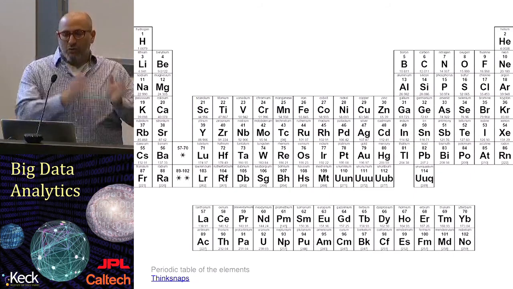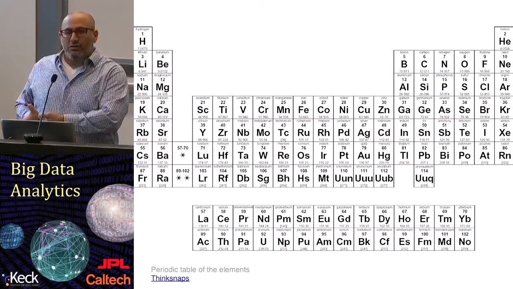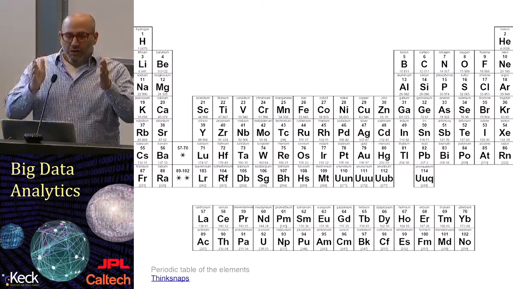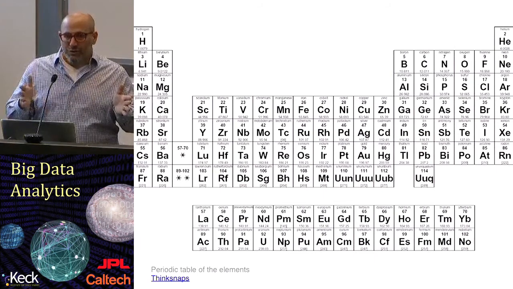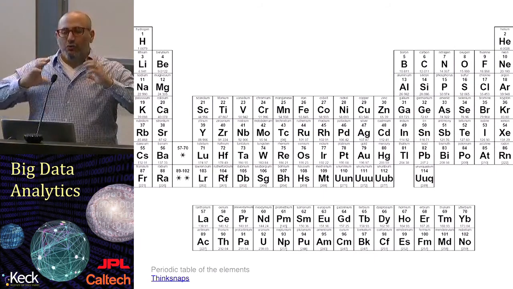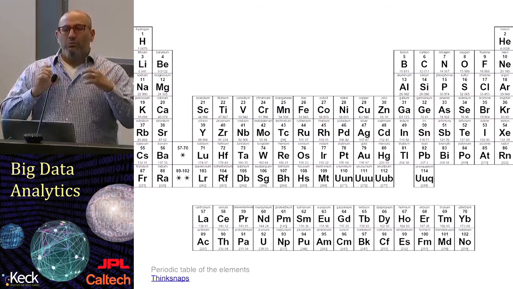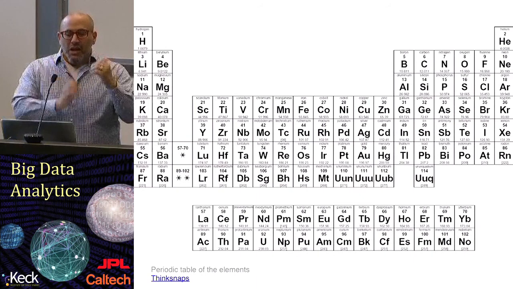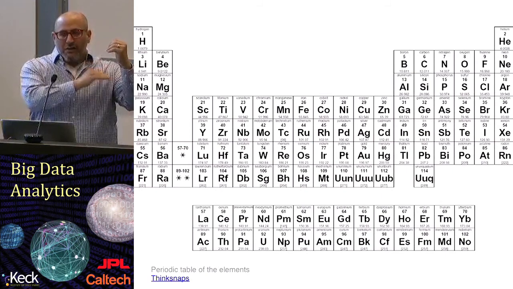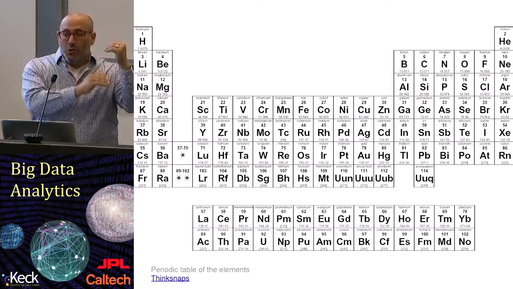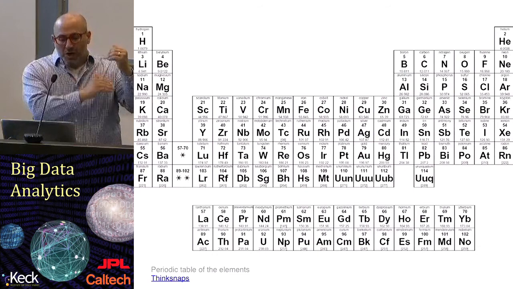And what you have on the right are all of the non-metals. And in the middle are all of the transition metals. And on the very bottom is the lanthanum series. And these groups are given meaning by being next to one another. In other words, it's very clear that hydrogen and lithium share a common quality by being in the same column.